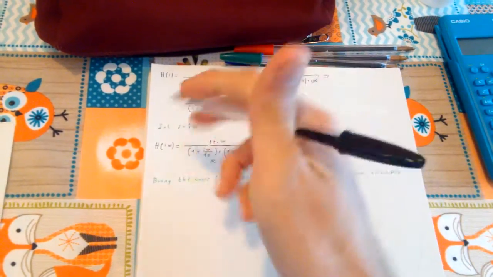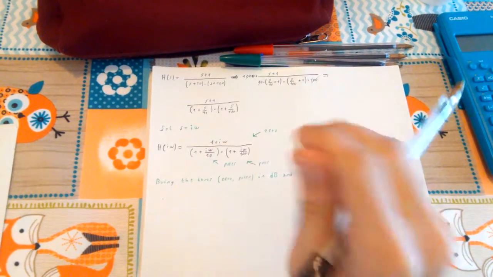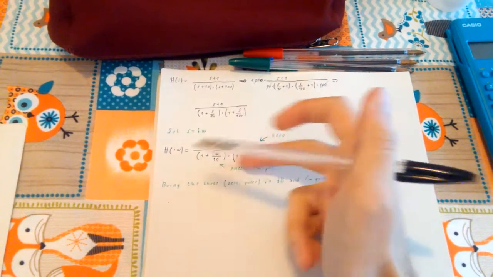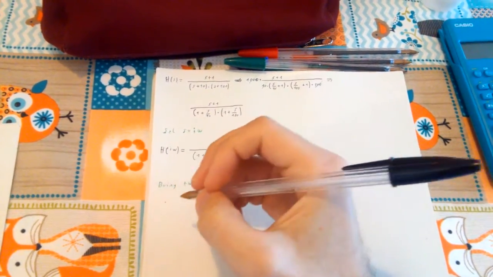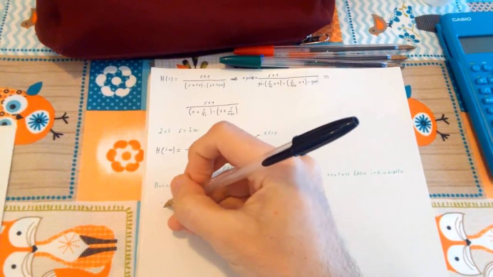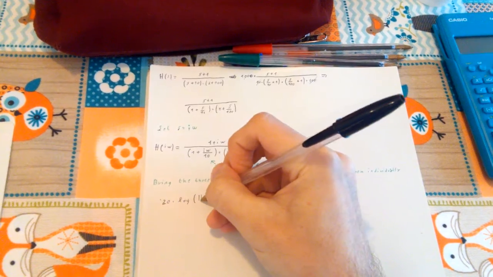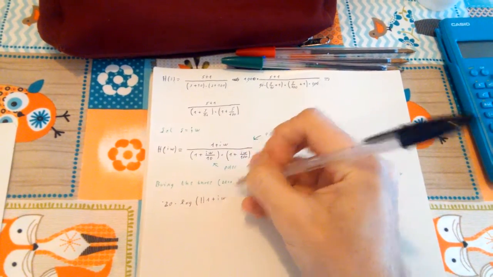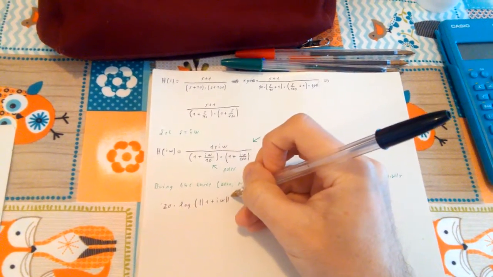So let's deal with the first one. With the numerator, we just call it the zero, and I'm going to call the denominator the poles from now on. So for a zero, I'm going to have 20 times log of the Euclidean norm, the type 2 norm, of 1 plus i omega.